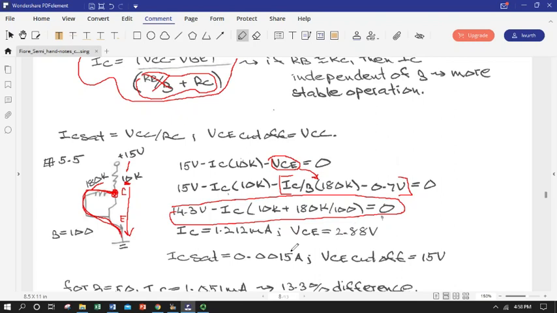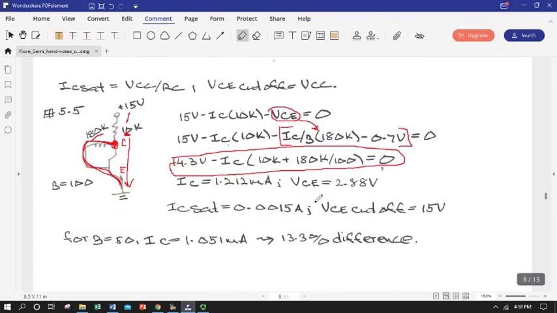So we can compare that to IC sat, which would be 15 volts divided by 10 kiloohms, which is 1.5 milliamps. So we're operating fairly close to saturation. We're at the upper end of the load line, and our cutoff voltage is 15. So we're a very, very small collector emitter voltage drop over the transistor.